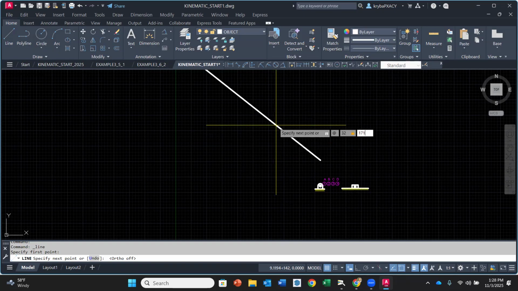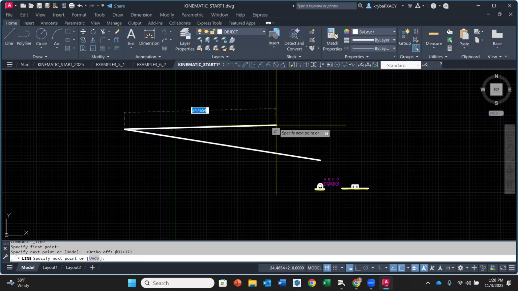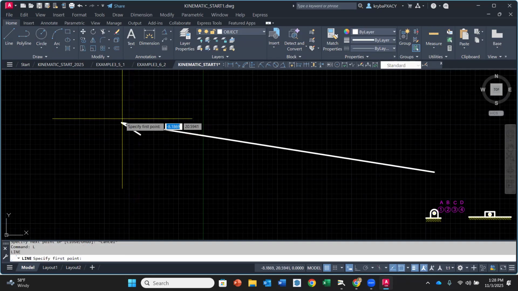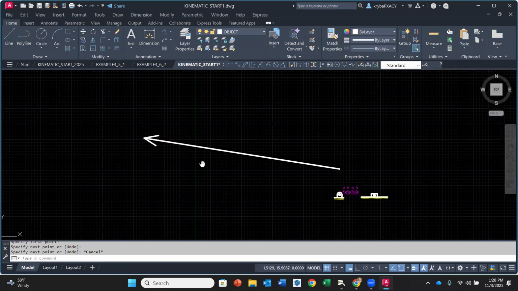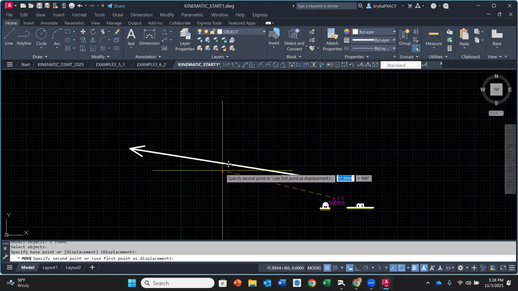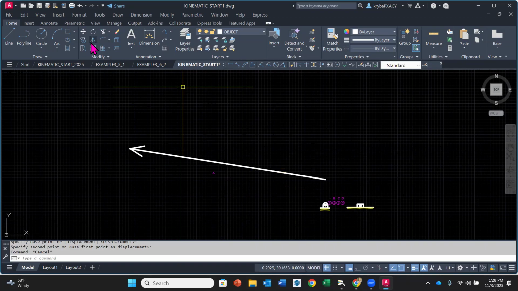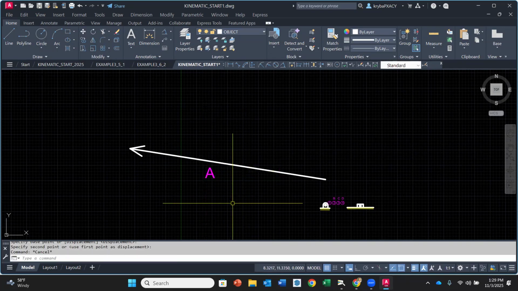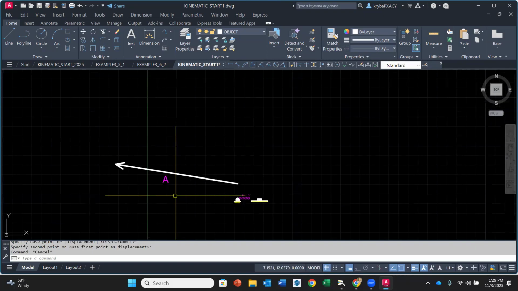Okay, there we go. That's going to be my first vector. I'm going to put the arrowhead going up and to the left. Then I'm going to move my A right about there, and then scale it. It does need to be bigger, till it's maybe about that big. Okay, so that's my A.